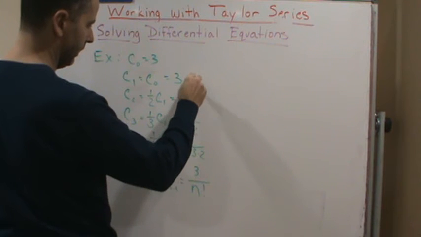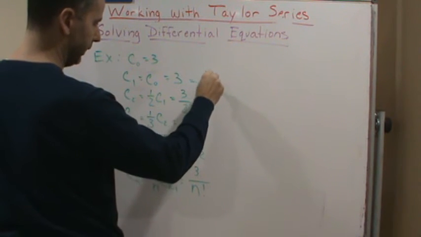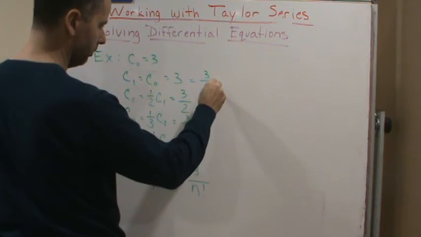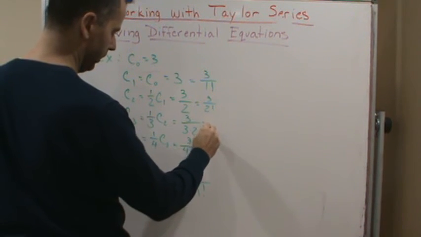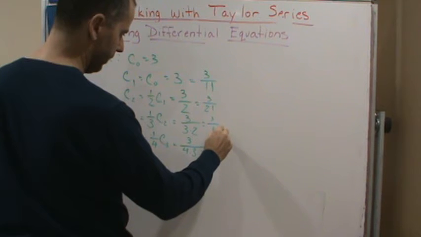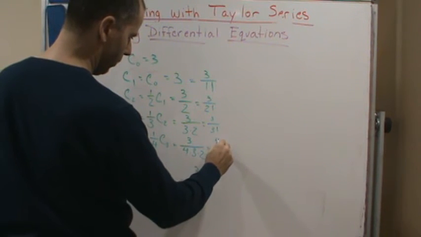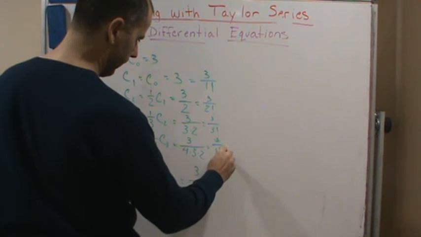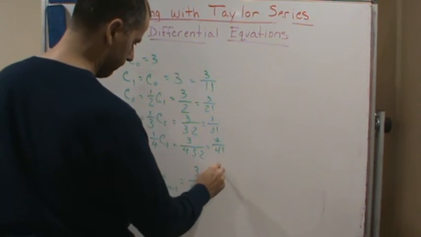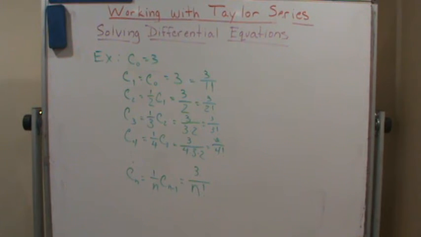So this we can write as 3 over 1 factorial, 3 over 2 factorial, 3 over 3 factorial, 3 over 4 factorial, and so on. And so now we've got the coefficients. So therefore, what do we have?